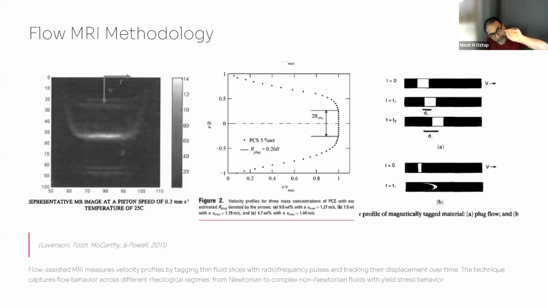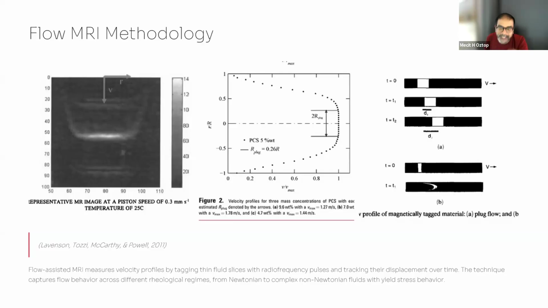So here we have a velocity profile, which is getting flat at the maximum position. Normally we expect for a Newtonian fluid to have a complete parabolic profile. Here we have a flattening. And in fact, this flattening means we have a yield stress for that fluid.